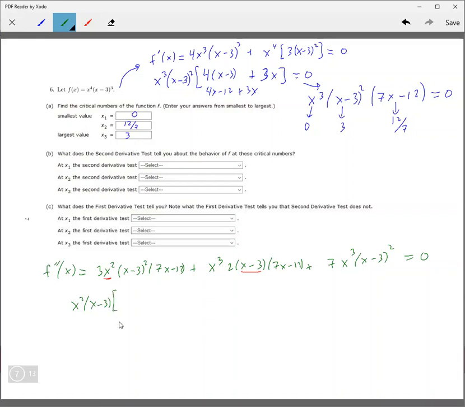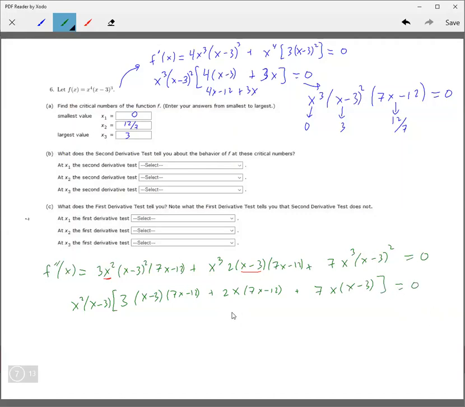Because every term has that. So if I take an x squared and x minus 3 out of here, I end up with 2x, that's gone. And then I have a 7x, x minus 3.